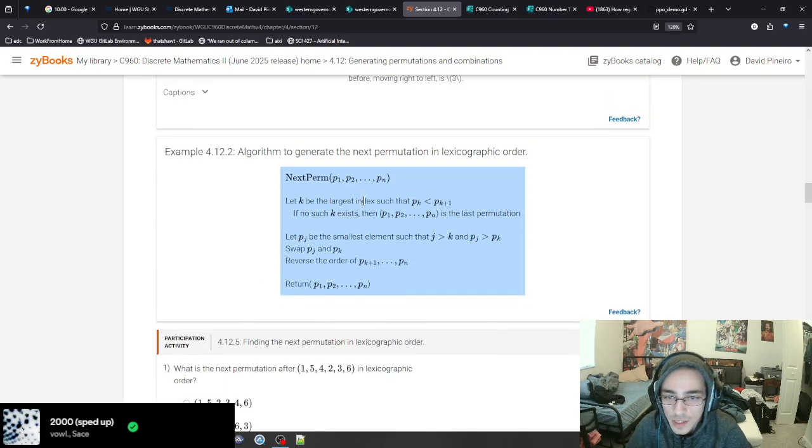Okay, so it says let K be the largest index such that the element at K has to be smaller than the next one. If no such K exists, it is the last permutation.